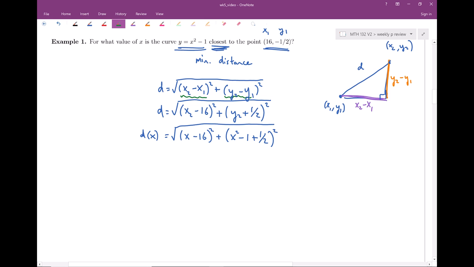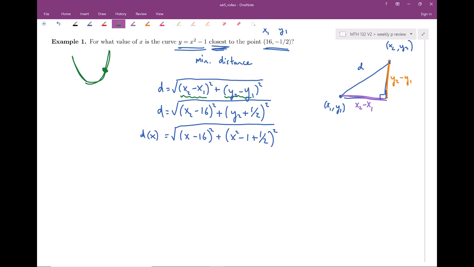The only time that this may not be positive is if they're right on top of each other. If this point happened to be on this curve, if I drew this curve right here, and that point 16 comma negative 1/2 actually lay on this curve, then the distance would be equal to 0. It's never going to be negative, but it's either going to be positive or it's going to be 0 if they lie on each other.